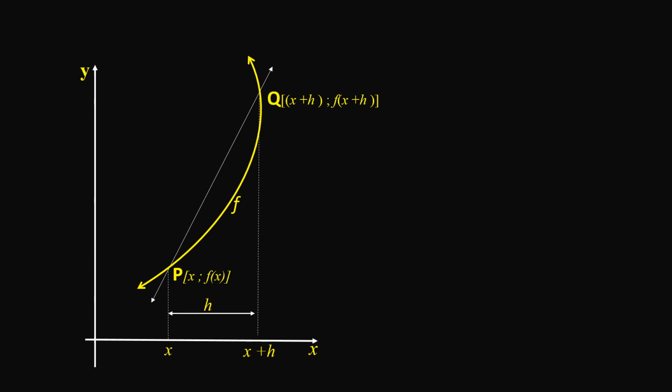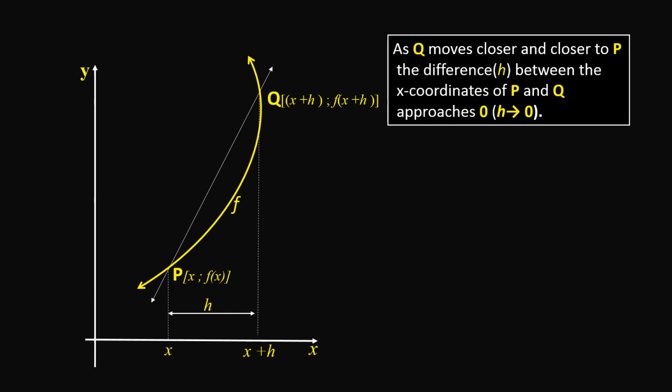So we continue. Our intention is to calculate the gradient of the tangent. PQ is there. Now, as Q moves closer and closer to P, let us look at that. Moving closer, look at the difference.